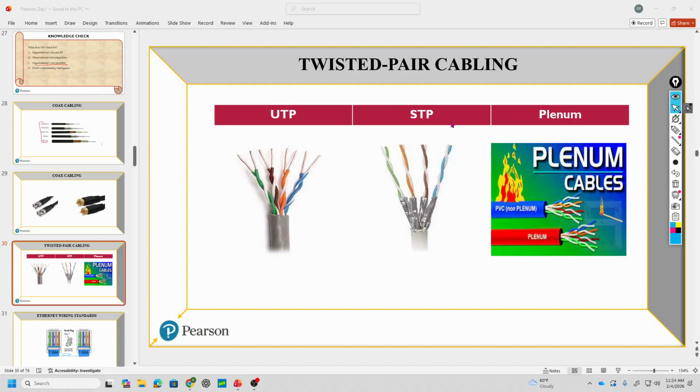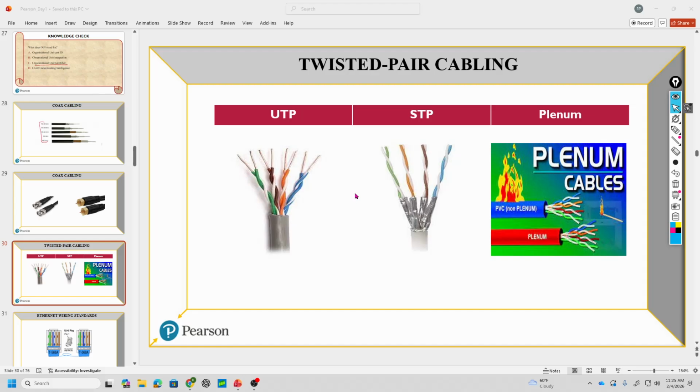Then there's STP, or what we call shielded twisted pair. And you notice it has aluminum kind of foiling around the pairs. So there's some where the individual pairs have the foil around it. There's some that's just around all 4 pair. But it's designed to stop interference from outside.